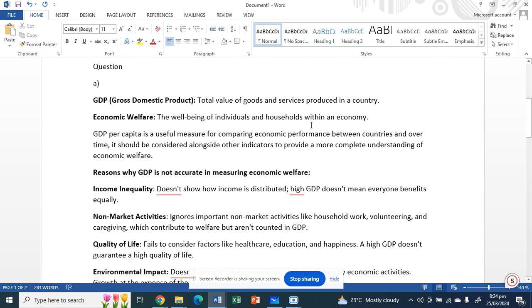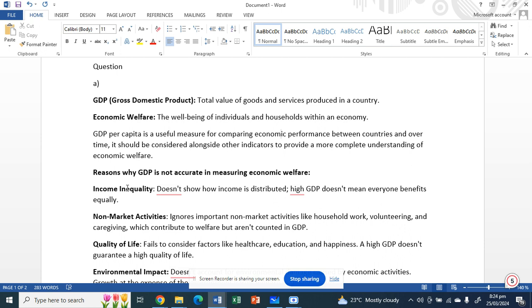All right. So here are some of the reasons why GDP is not accurate in measuring the well-being of citizens, which is economic welfare. First one, income inequality. The gross domestic product doesn't show how income is distributed, and a high GDP doesn't mean that income is distributed equally within a nation.